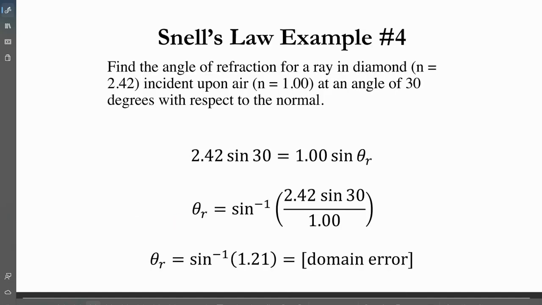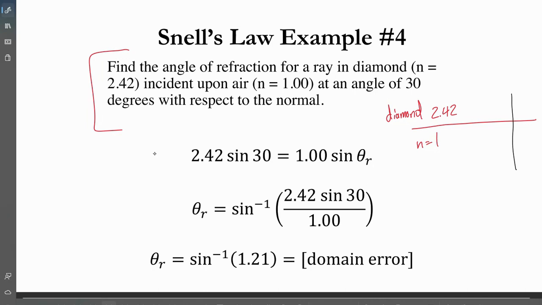Another example of Snell's law, and this is something that you might get. If we were to run through this example problem right here, find the angle of refraction for a ray in diamond incident upon air. So we have diamond, n equals 2.42, incident on air, n equals 1, at an angle of 30 degrees with respect to the normal.